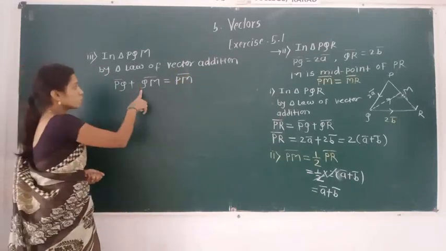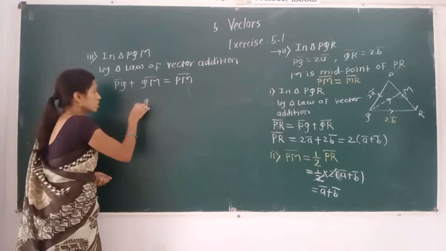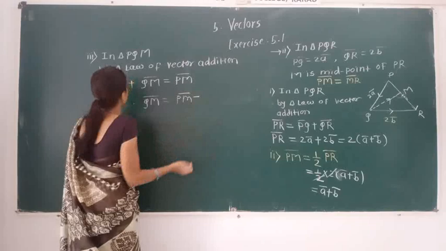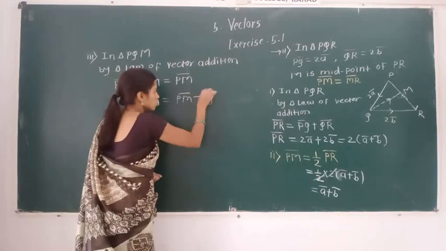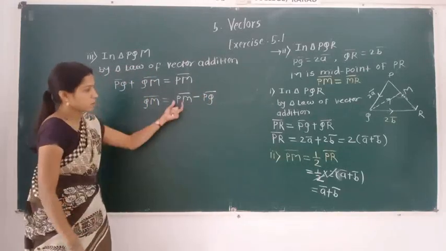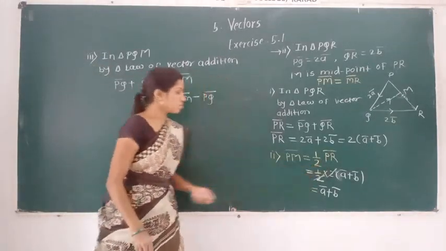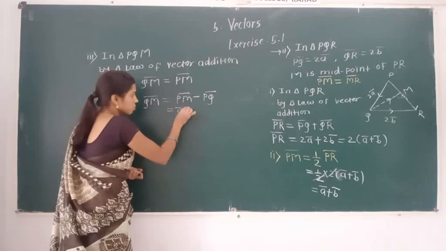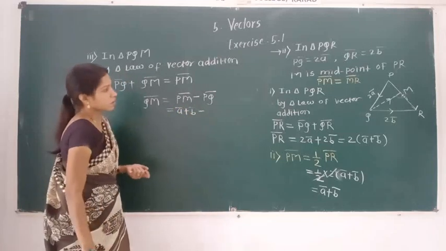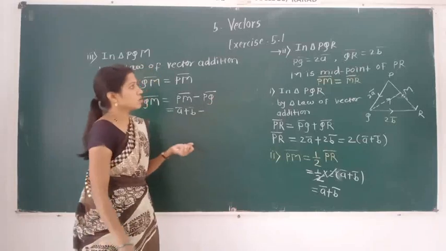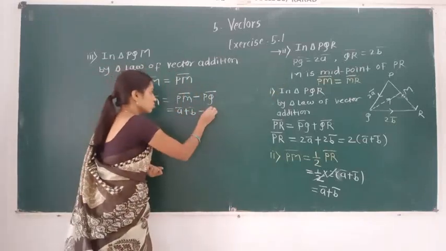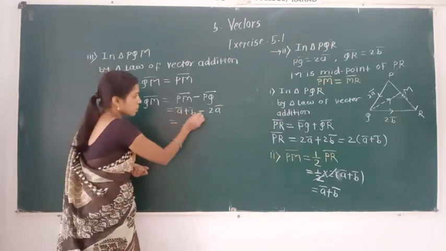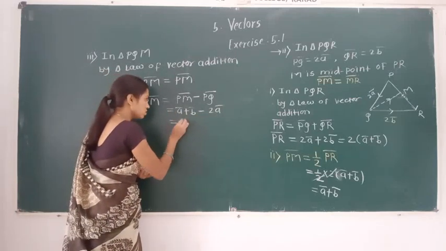But we have to find the vector QM bar. Therefore, QM bar we write as PM bar minus PQ bar. PM bar we found as a bar plus b bar. Put this value in this condition, a bar plus b bar minus PQ bar. PQ bar is given as 2a bar, so here we put 2a bar. Now simplify this.